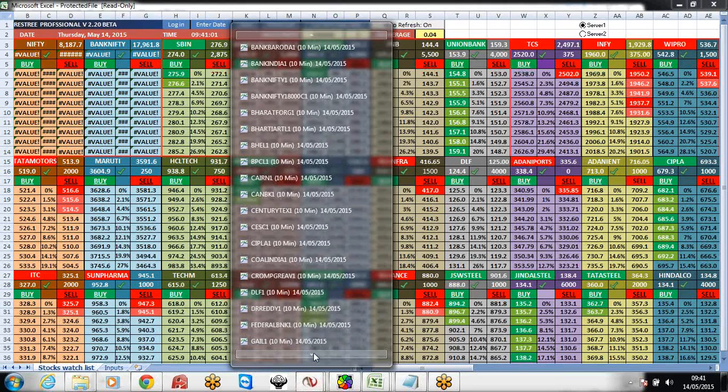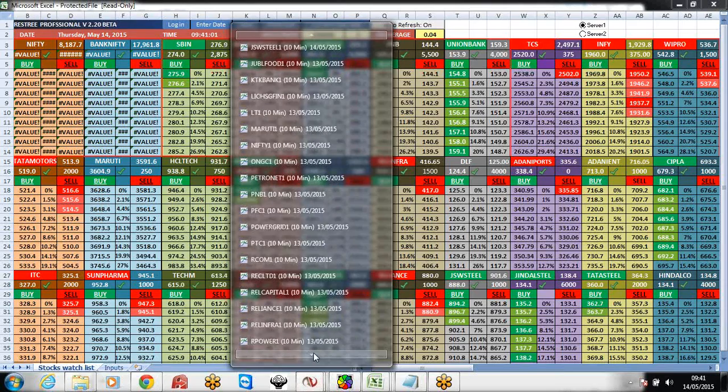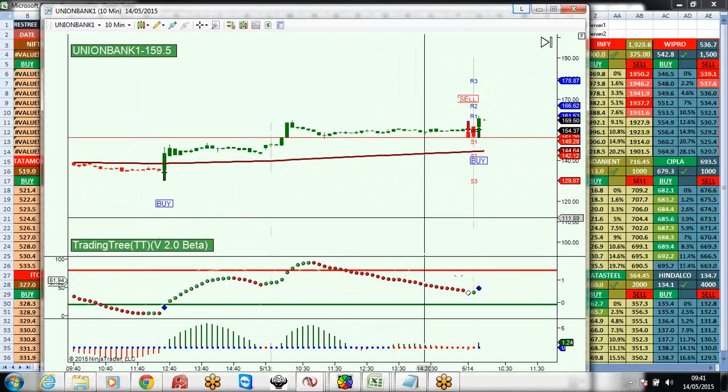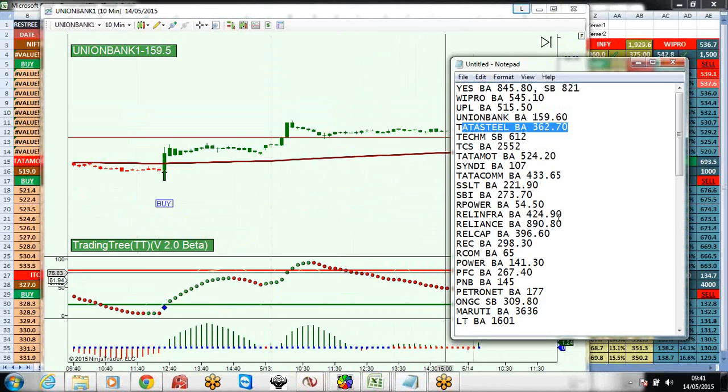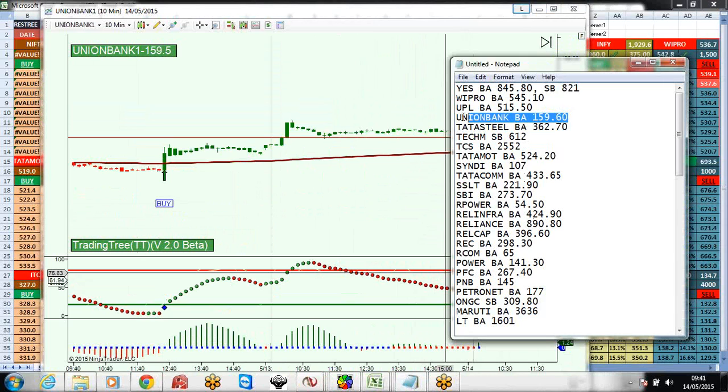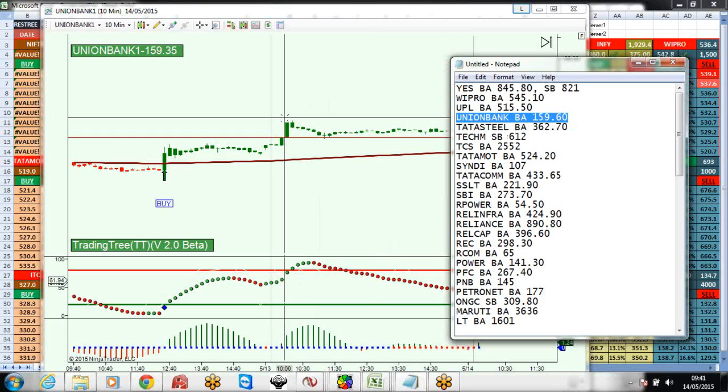I'll show you the entry prices for Union Bank. 159. BA is buy above, SB is sell below. So buy above 159.60. So it's a buy call now. That's got triggered.